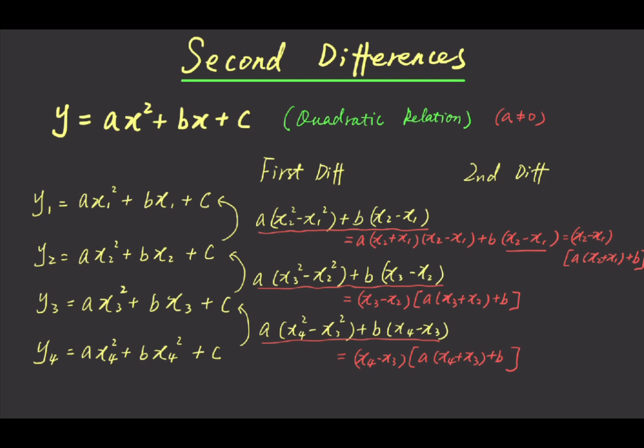Okay. If we want to figure out the second difference, we need to use this expression minus this expression, because we have known this one equals this one equals this one. b, they are identical numbers.